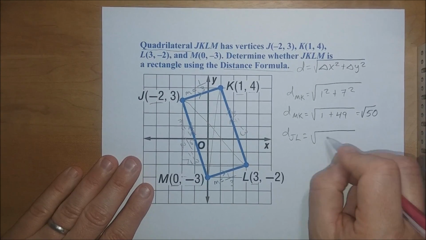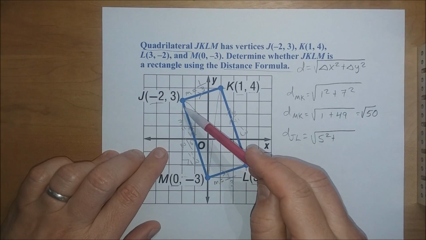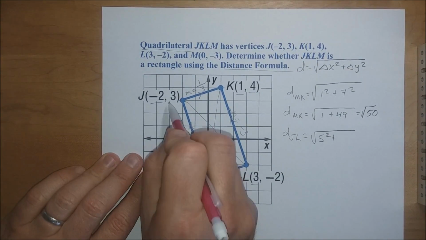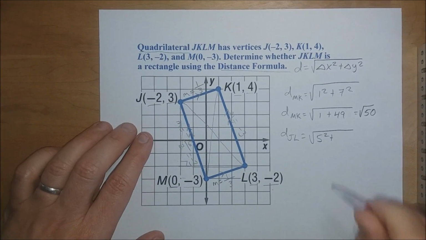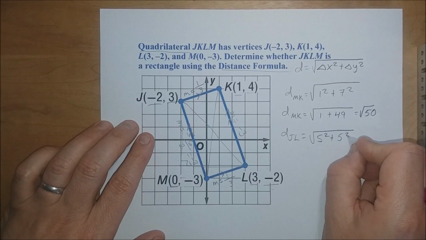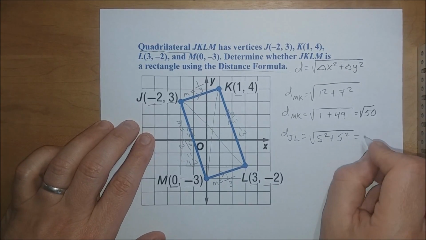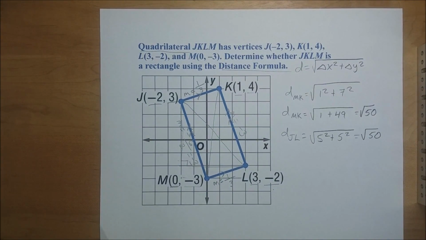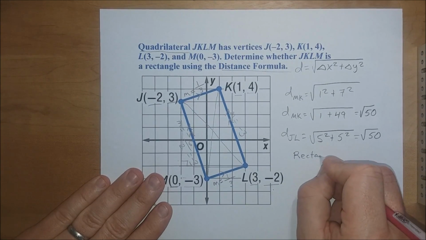My delta x was 5 units. And my delta y, I go down 1, 2, 3, 4, 5 units. You can see the y coordinates support that idea as well. So my delta y is 5 units. So it looks like this is the square root of 25 plus 25, which is the square root of 50. Are these diagonals congruent? Yes, they are. So we have a rectangle.